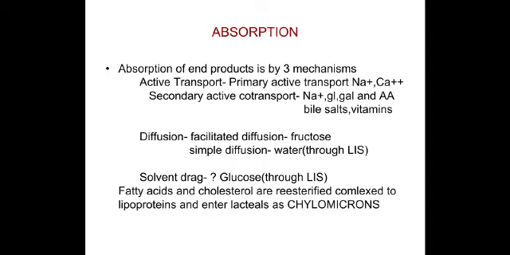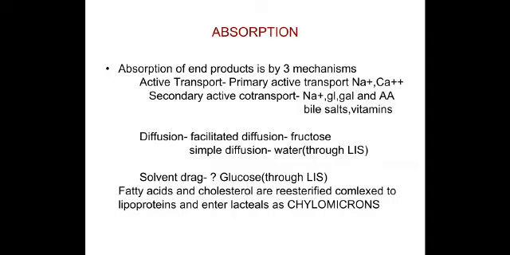Absorption of the end products of the three metabolisms is by three mechanisms. It is mainly by active transport: primary active transport because of sodium and calcium, and secondary active co-transport in the presence of sodium for glucose, galactose, amino acids and bile salts.